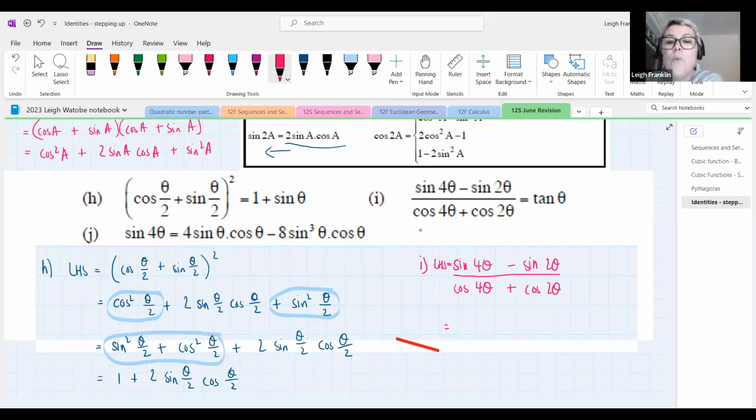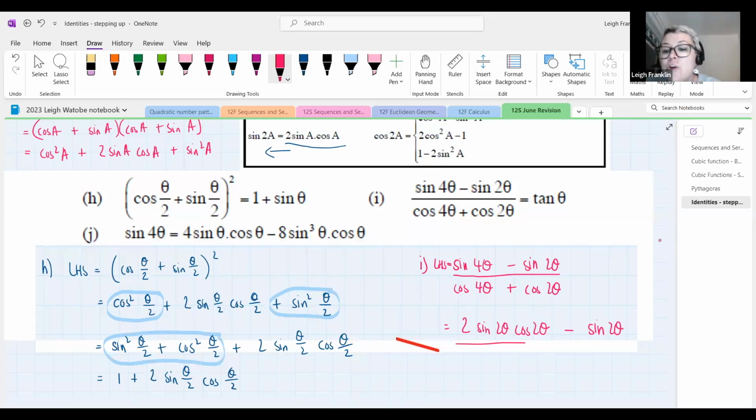So when we see sine 4 theta, we can write that as 2 sine 2 theta cos 2 theta using our sine double angle formula, minus sine 2 theta.